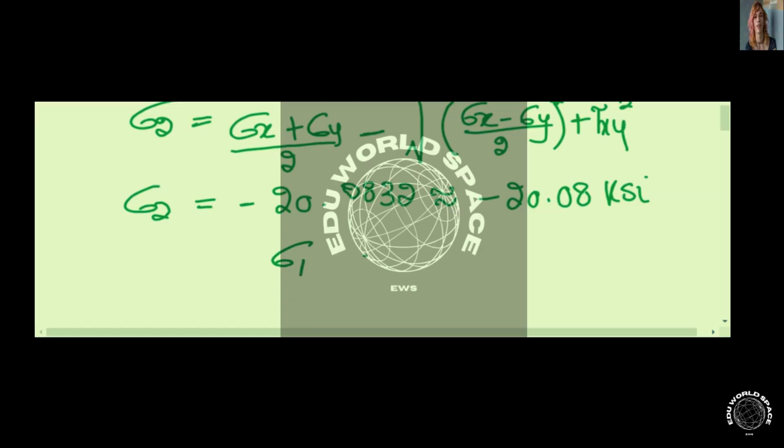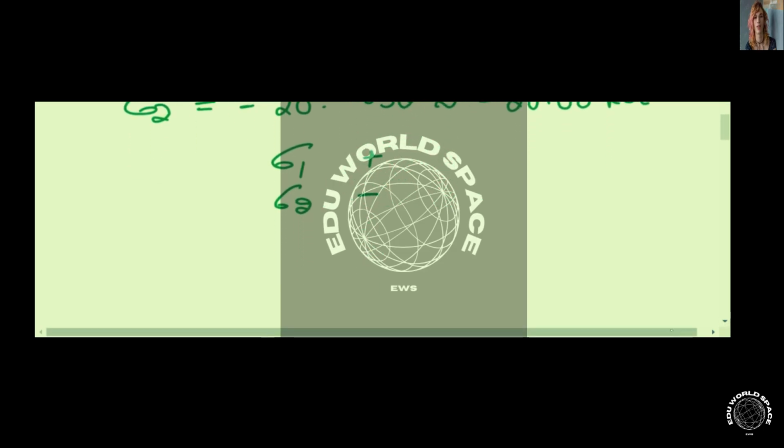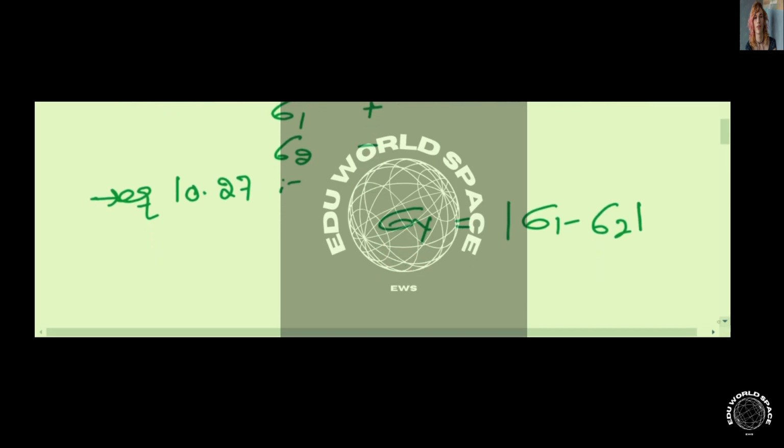Now since we can see that these principal stresses are opposite in sign, sigma sub 1 is positive and sigma sub 2 is negative, it means that the correct form of equation 10.27 would be sigma sub y is equal to the absolute value of the difference of sigma sub 1 and sigma sub 2, right?